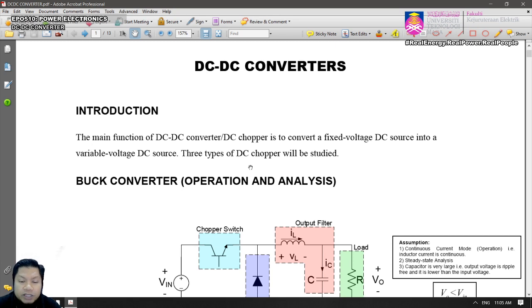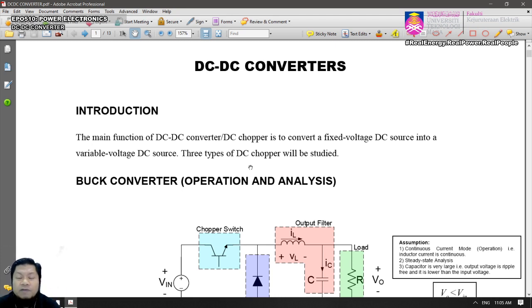There are three types of DC choppers, or DC-DC converters, that we're going to study in EPO 510. In the real world there are many types of DC-DC converters, such as synchronous buck converters, matrix converters and resonant converters.